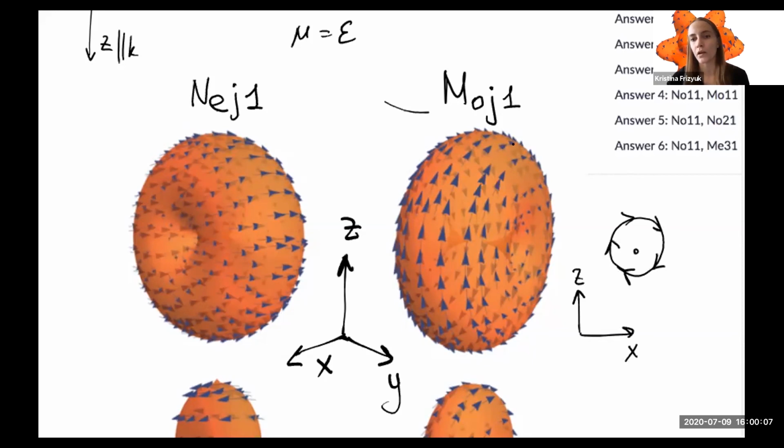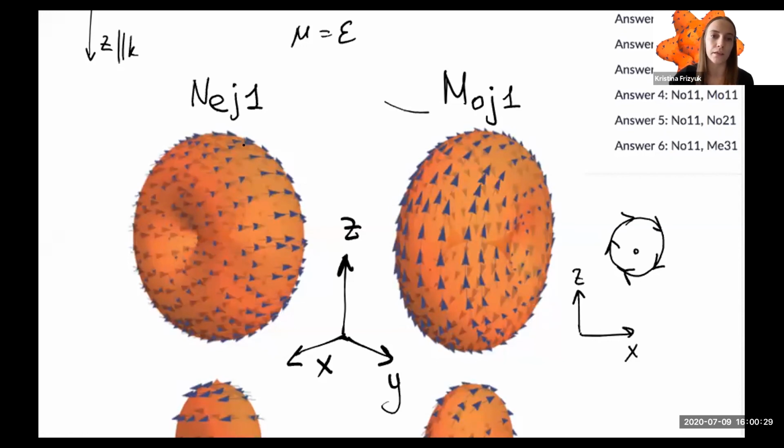They go around this toroid, and so such currents form a magnetic dipole. It's like a current loop or something like this. So the electric field of a magnetic dipole looks like this.